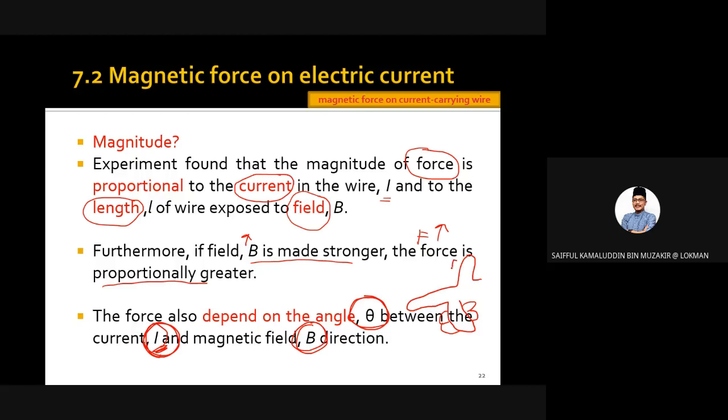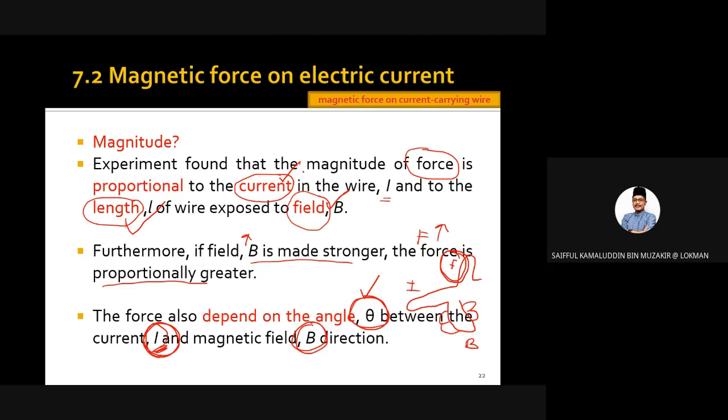So this is F, this is I, this is B. So the magnitude of F depends on I, on B, on the length of wire, and on theta.